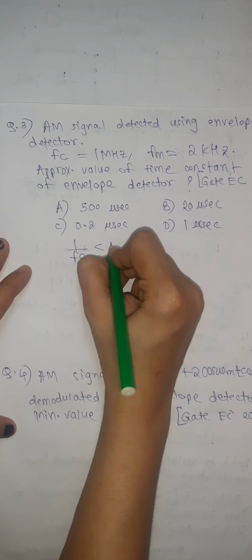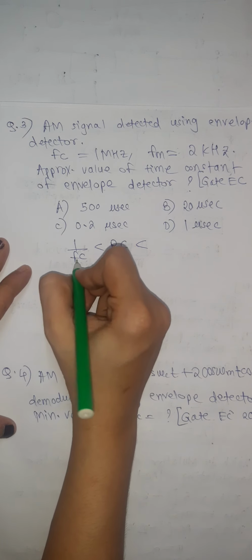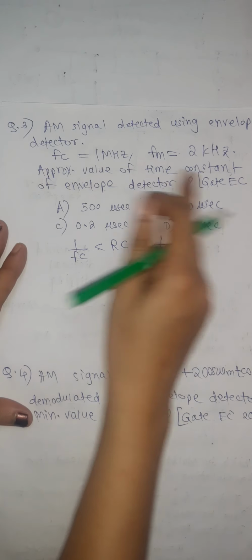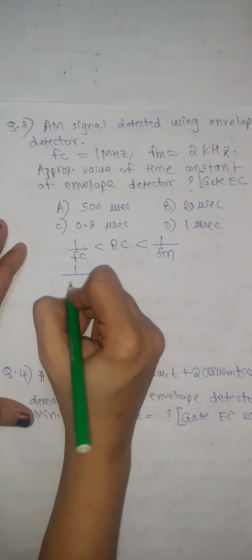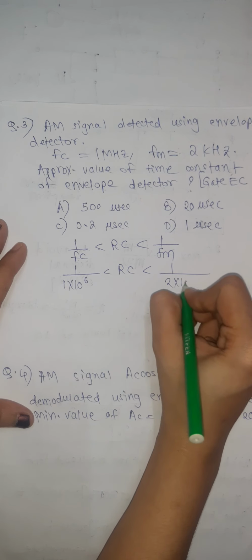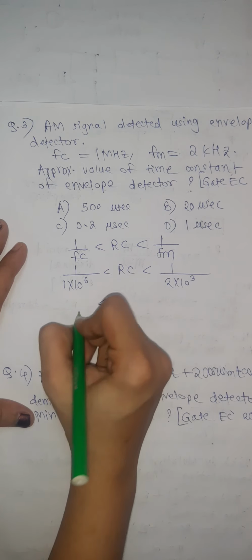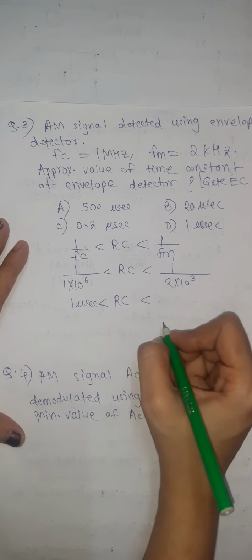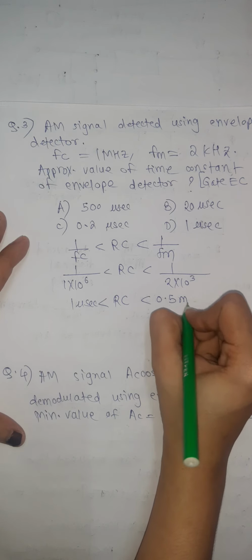Time constant RC value lies between 1/fc < RC < 1/fm. Just putting the values, 1/(1×10^6) < RC < 1/(2×10^3). So it will be 1 microsecond < RC < 0.5 millisecond.